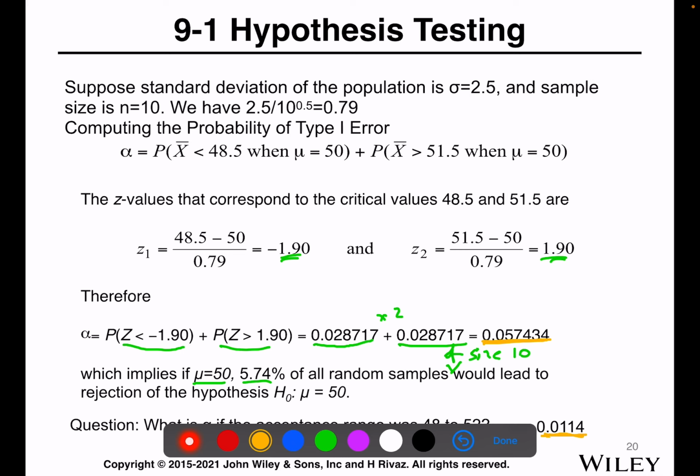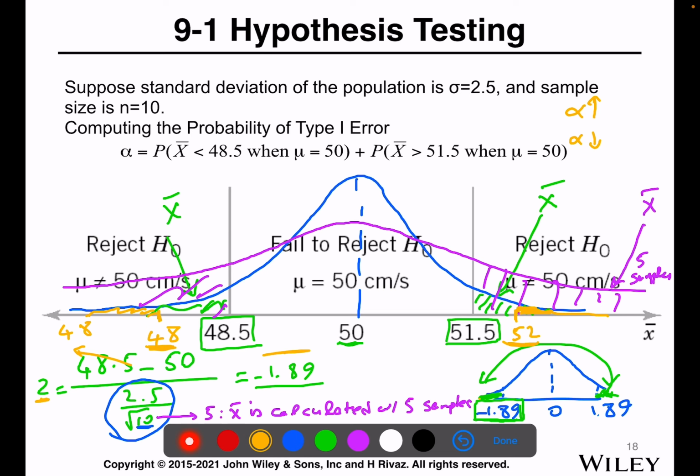Okay, so basically, the computation that we did here, we computed Z, so we basically converted this blue curve here into this new blue curve by this transformation, right?